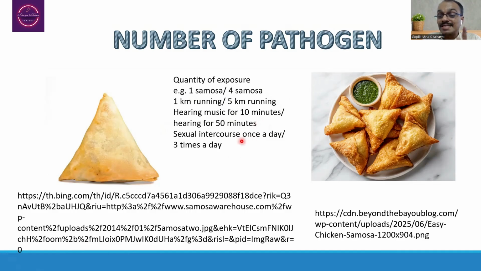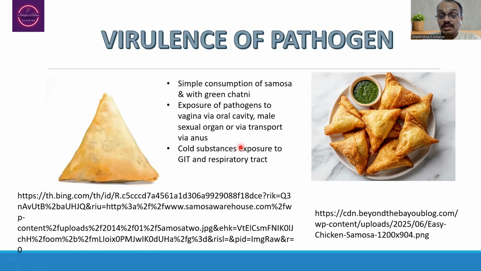Sexual intercourse once a day may lead to milder vata prakopa; 3 times a day may lead to more vitiation of vata dosha. In that way, the number of pathogens entering will decide the severity of the disease or the diagnosis of the disease. Next, about the virulence of the pathogen.